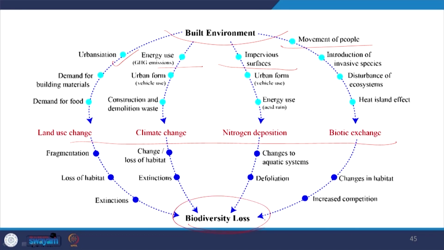And this biodiversity loss is eventually a loss of human beings, human life. We may not see that impact coming directly, but it is actually leading to a loss of human life in the time to come. Once we have understood these three components, we will have understood how the water bodies are getting impacted.